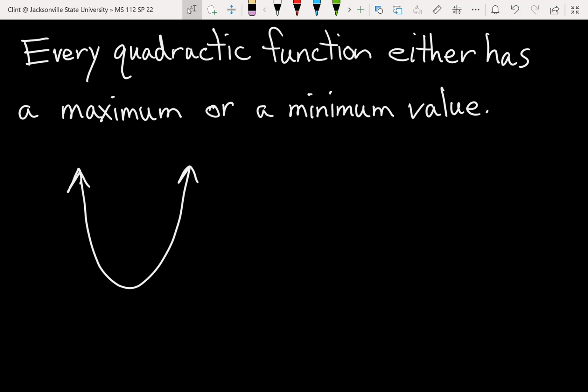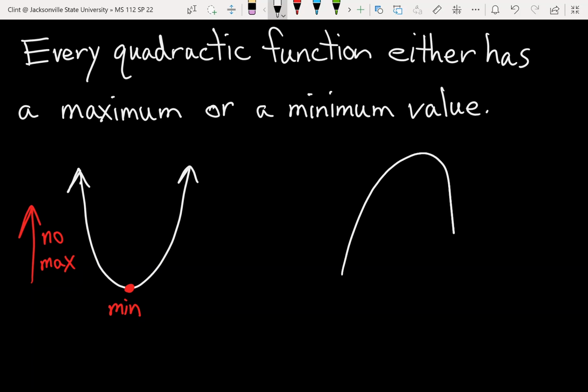Which one will we have, a maximum or a minimum value? A minimum, yeah, because we can go down to the vertex. This would be our minimum value, but this goes up forever, so we have no maximum. It just keeps going up forever, but we can only go down so far.